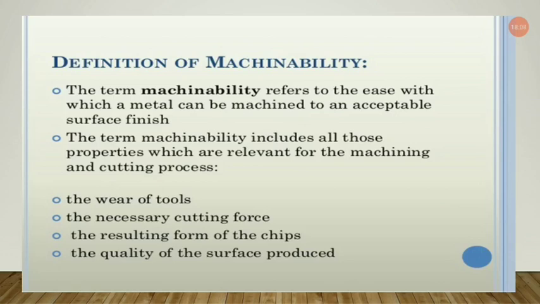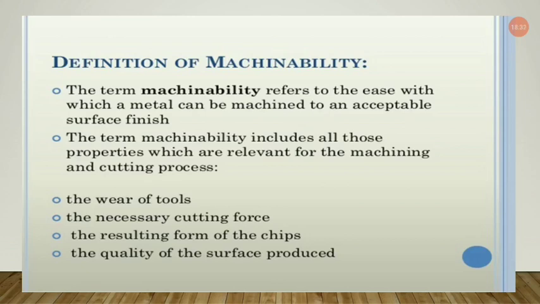Sometimes the presence of free graphite in a particular alloy or metal improves machinability and also improves tool life.